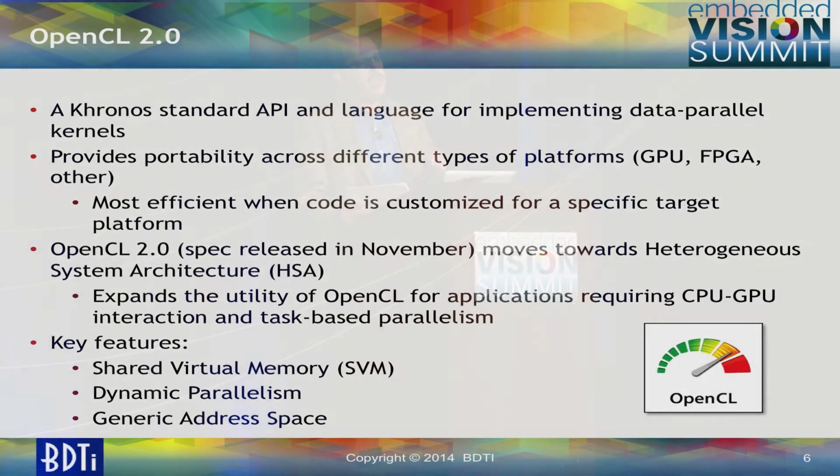OpenCL 2.0 is the latest version of OpenCL. The standard spec was just released in November, so about 6 months ago. It introduces a number of features that help to improve the performance and the flexibility of parallel processing applications implemented in OpenCL. In particular, enabling tighter coupling between the main CPU and the GPU, or whatever the parallel coprocessor is.